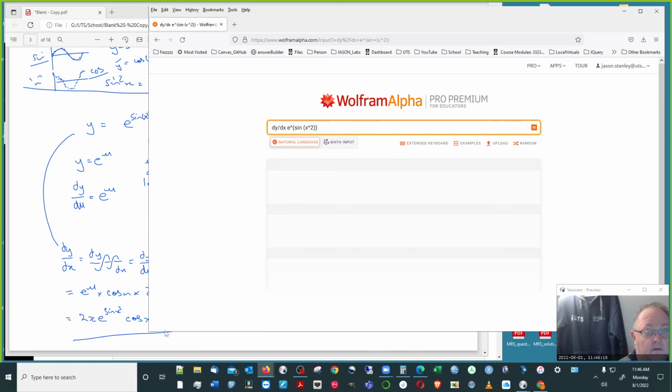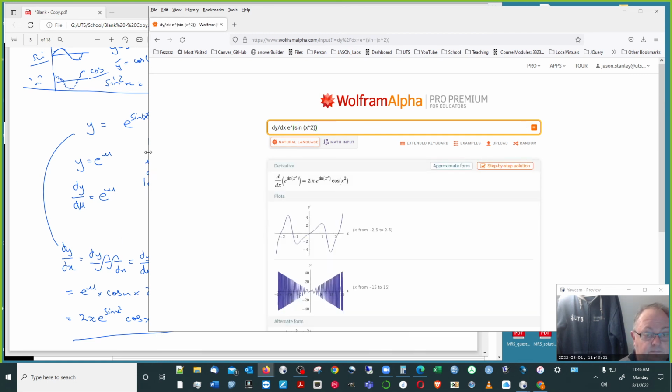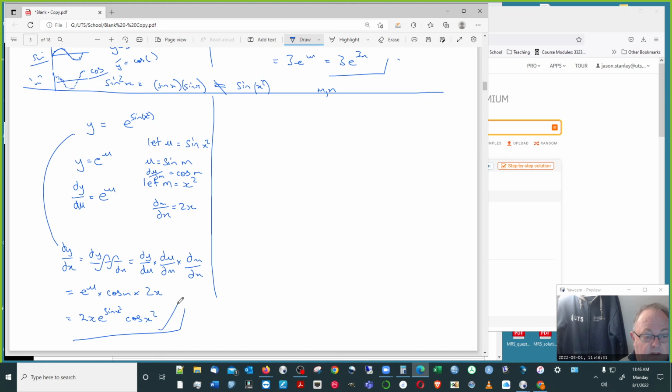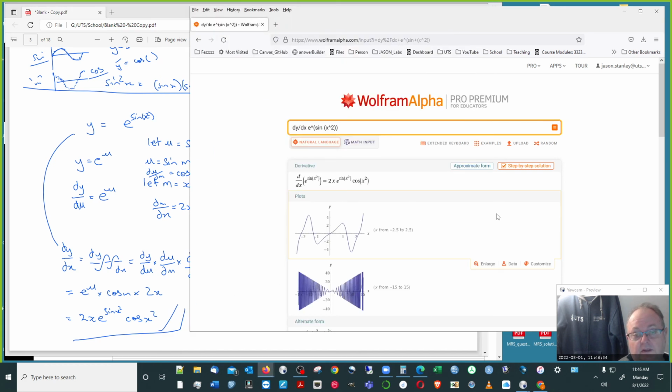Let's see if that gives us the right look. And Mathematica has said, yes, I'm differentiating e to the sine x squared. Yep, so I've got 2x e to the sine x squared cos x squared. Tick. So we're at least as good as the technology that's available to us as students.